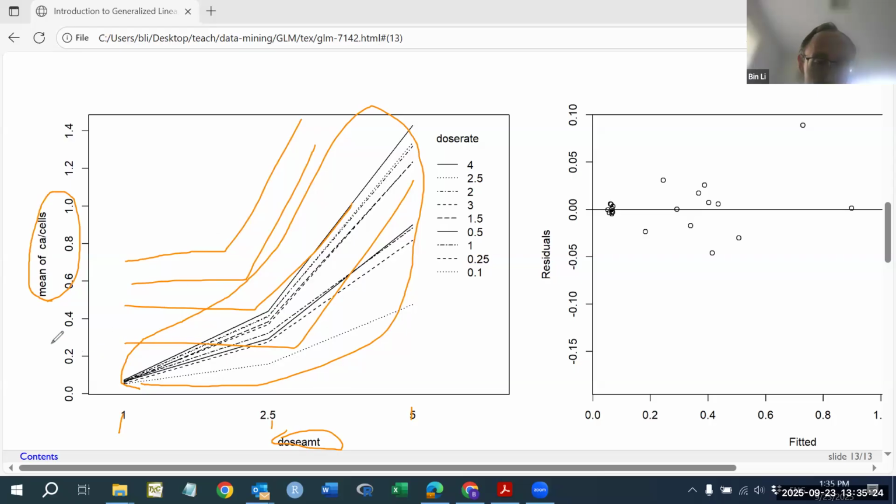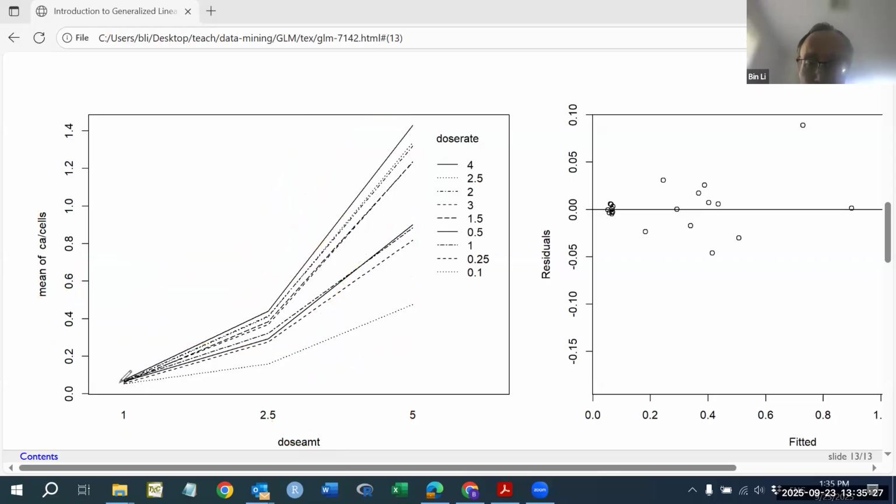But here, the multiplication effect is, you can see when the dose amount increases and also the dose rate increases, that effect is much larger than the sum of its two separate effects. So you can see there is an increment, not from the addition, but from the multiplication.